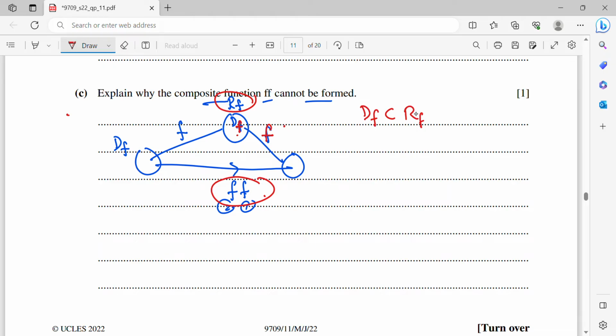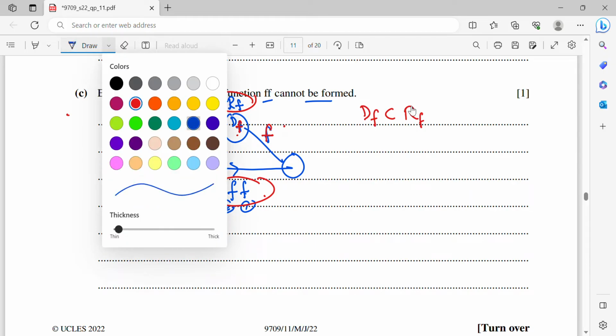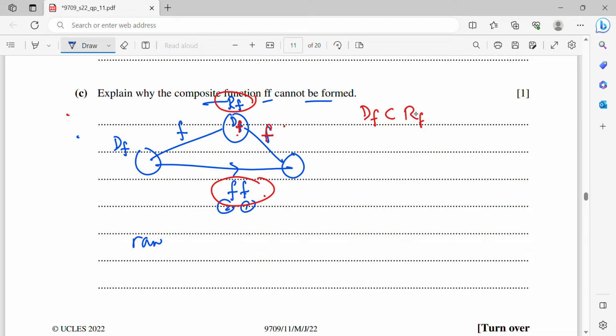Let me write down the range first. Range of f, just now we have found f(x) between 0 and 1. But the domain of f, your x is greater than 2.